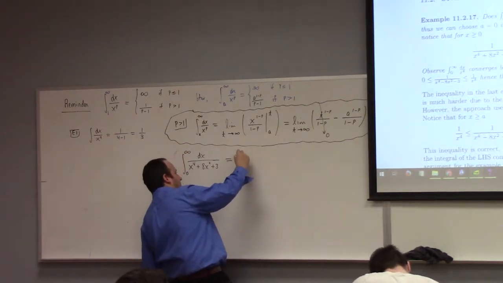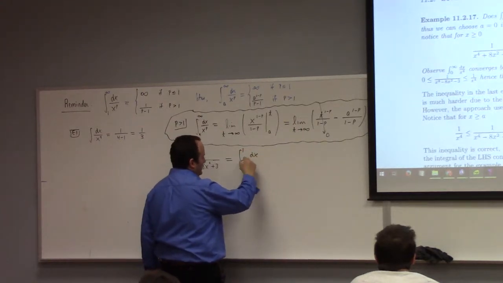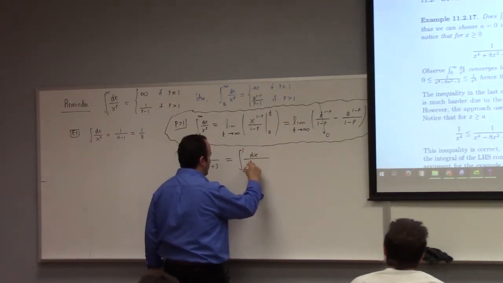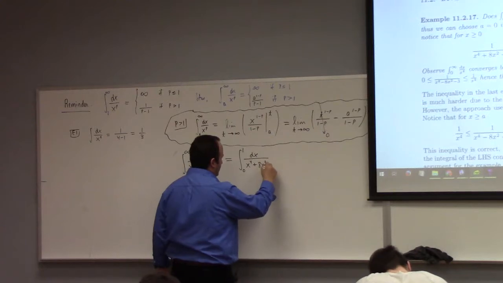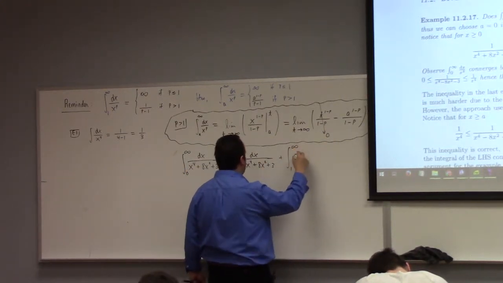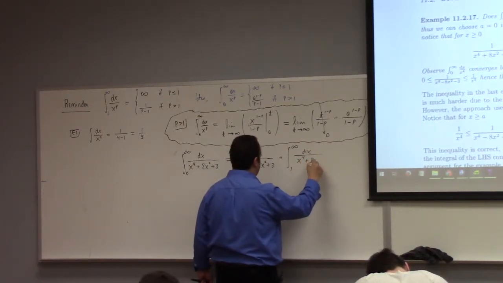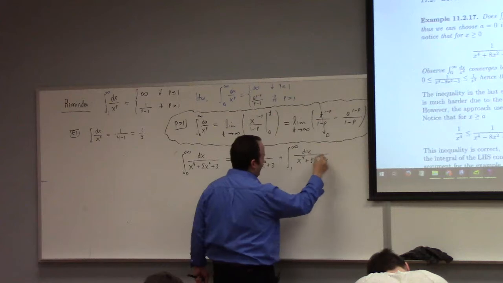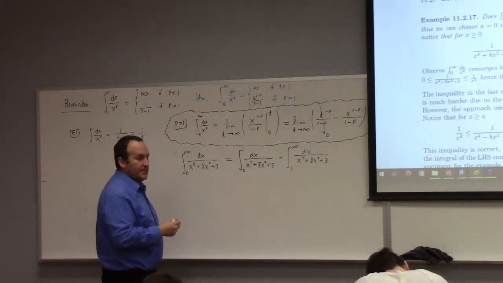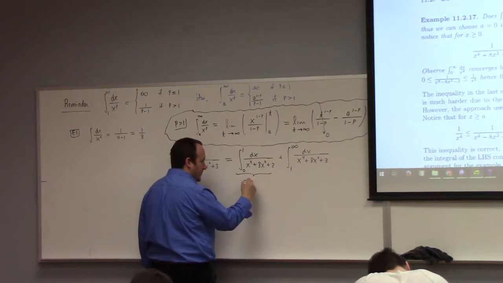So this we could rewrite as the integral from 0 to 1 of dx over x to the 4th plus 8x squared plus 3, plus the integral from 1 to infinity of dx over x to the 4th plus 8x squared plus 3. Now this right here is just a number, right?